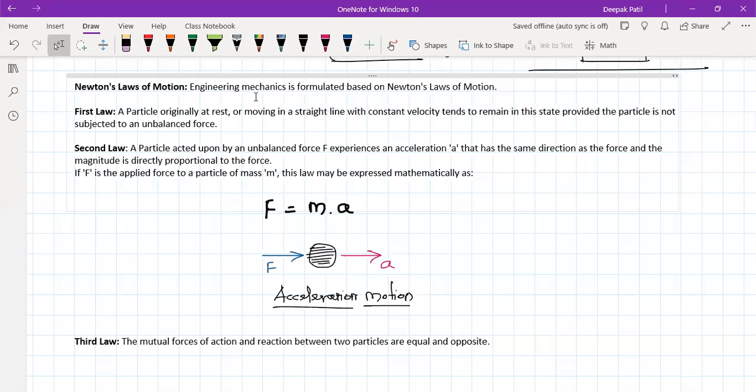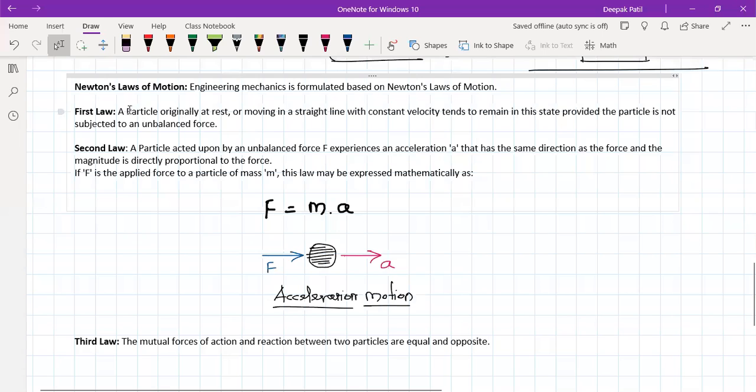The first law. The law statement you heard earlier in your PUC 1 and 2 may be different from this one, but the meaning remains the same. The statement I'm going to give for the first, second and third law is totally correlated with the particle. Let me just read out the first law. A particle originally at rest or moving in a straight line with constant velocity tends to remain in this state provided the particle is not subjected to an unbalanced force, right?